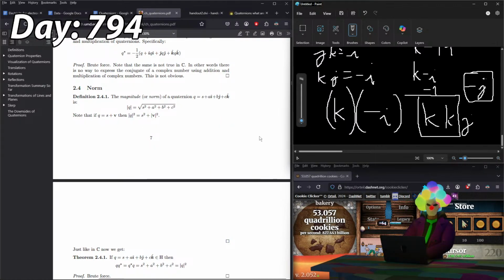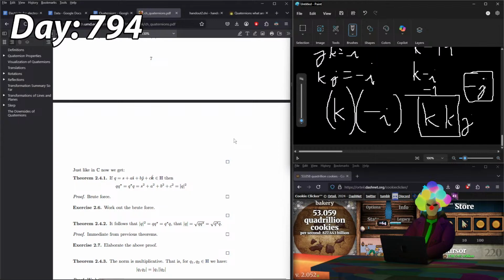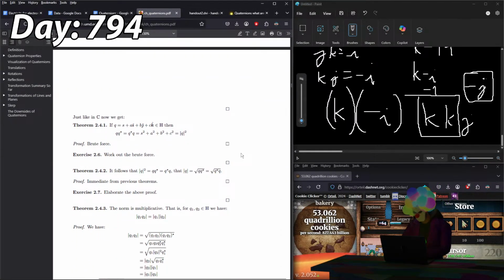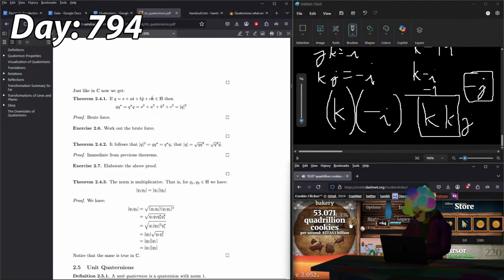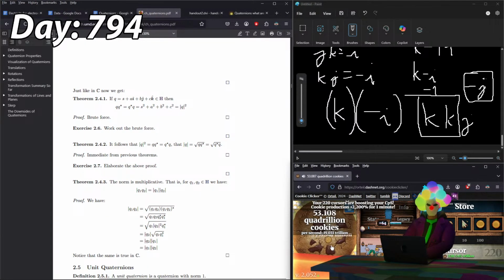This just checks out. I'm just gonna quick look and just like in complex, yeah, exactly. Right, yeah, flipped. Cool, neat. Honestly, if I see proof by brute force one more time, I'm gonna lose it. Just leave it as an exercise for the reader.